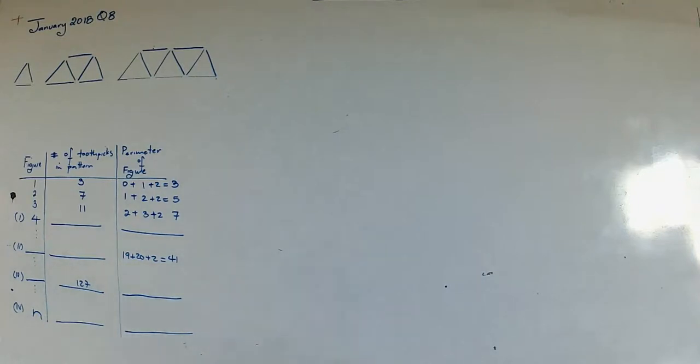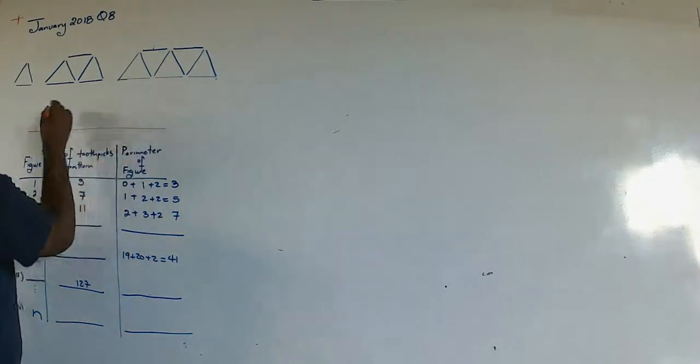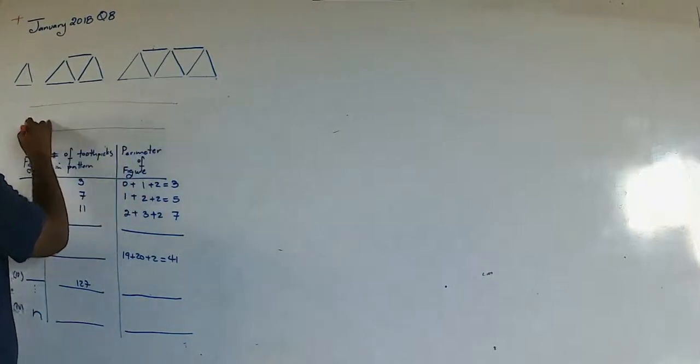Anybody have any problem there, sir? Well, let's find out. The 4th figure, generally, when you join the 4th figure, you can start with the 3rd figure, and then just add to it. The 4th figure in the sequence.